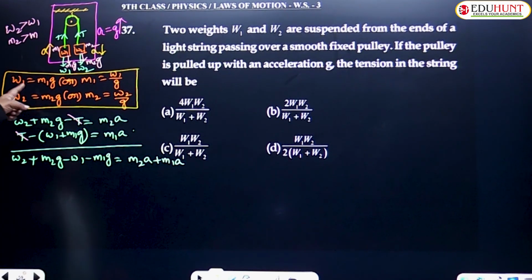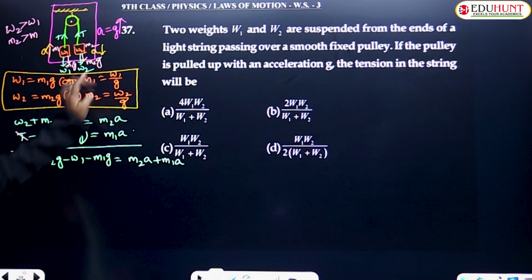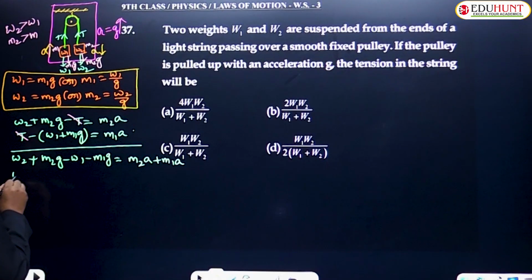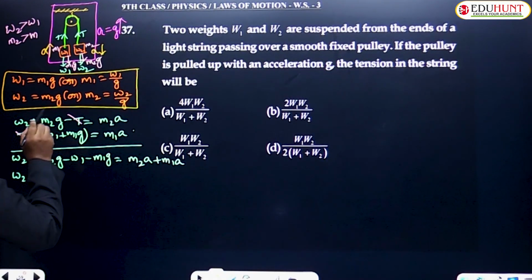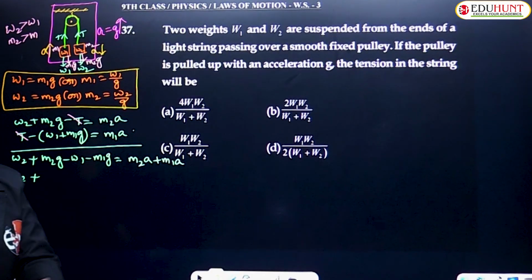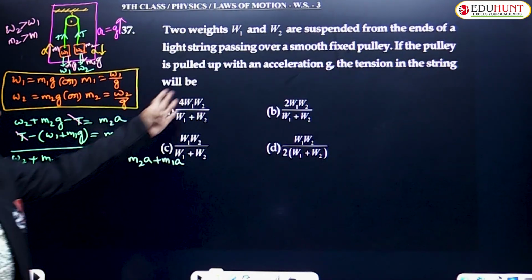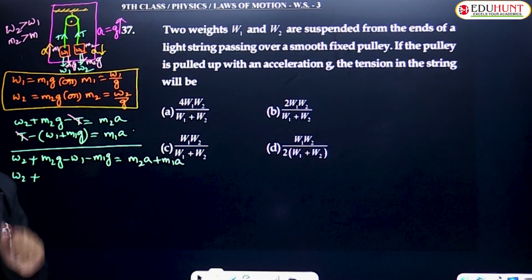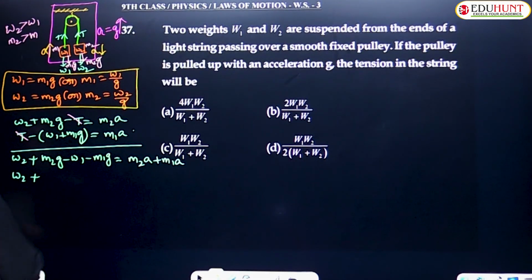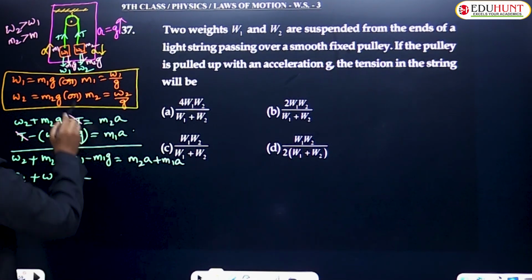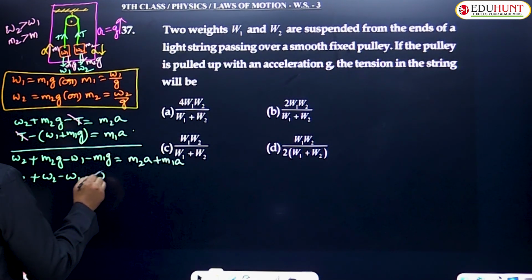But children, if you observe this, W1 is nothing but M1G, or M1 can be written as W1 by G. Everything I am trying to convert in terms of W's, because the options we have are in W's. So M2G can be written as W2, and M1G can be written as W1.